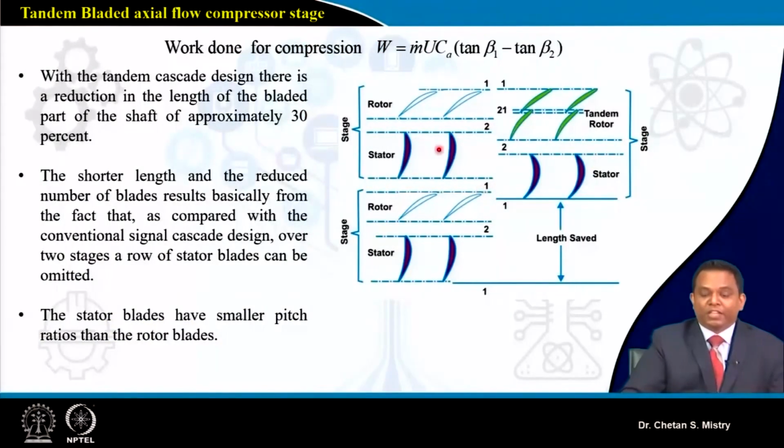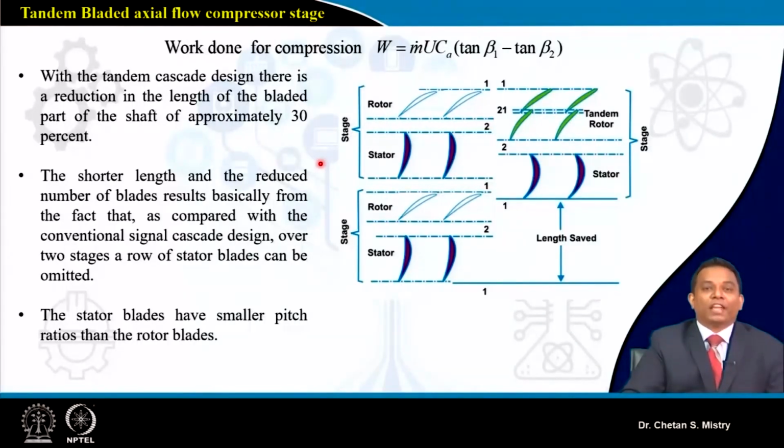If you look at this diagram, it represents two stages, a rotor and stator combination: this is my first stage and this is my second stage. Research and development activity has been recommending that by using this kind of configuration, it may be possible to reduce the length of our shaft by 30%.